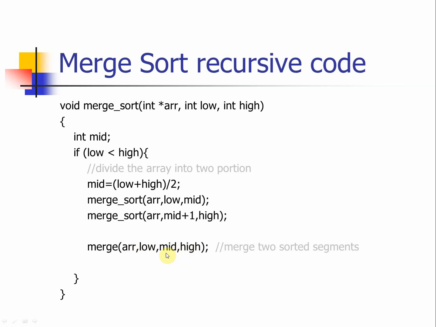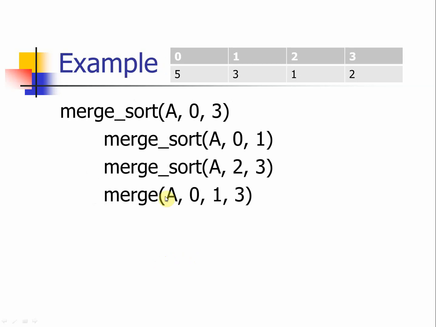Let's look into a simple example, to really understand what is happening here. So you see that we say this is a 4 item array, and we want to perform the merge sort on these 4 items. So what you're going to do is pass in the array starting with the index of 0 going to the index of 3. Because it's the general case scenario, it will calculate the middle value.